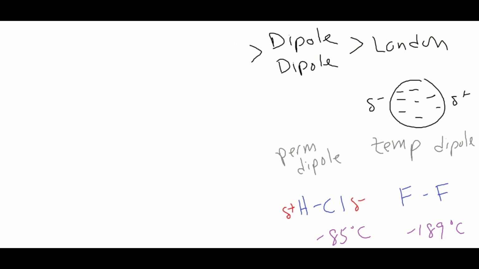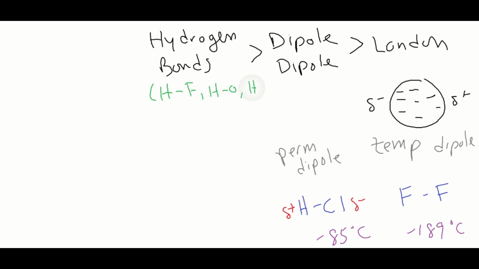Next up is a specific and stronger type of dipole-dipole interaction known as hydrogen bonds. And these occur when you have a hydrogen covalently bonded to a very electronegative atom such as fluorine, oxygen, or nitrogen.